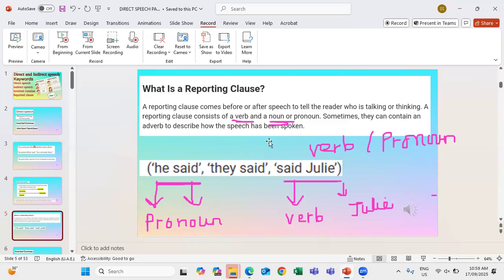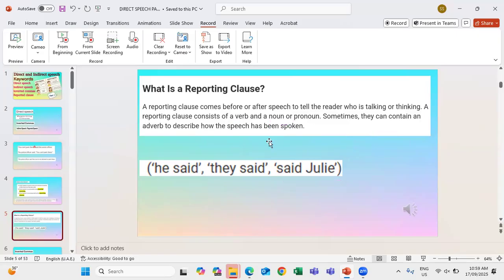Sometimes we can include some more information about how the words are said, like "he said excitedly," "he said surprisingly." So we are adding adverbs to give some more information. That part is optional, but you can add it to the reporting clause as well.